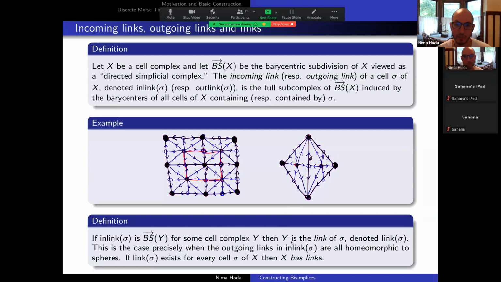And it turns out that that happens precisely when the outgoing links inside of the incoming link are all homeomorphic to spheres. And if the link of every cell exists in X, then we say that X has links. That's the definition.